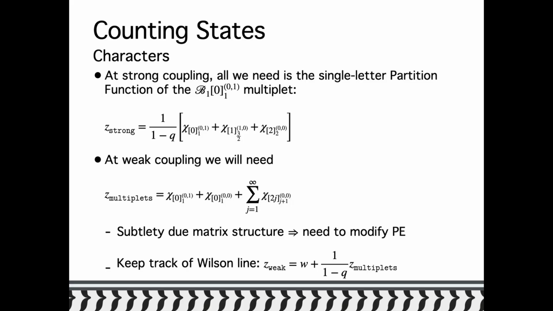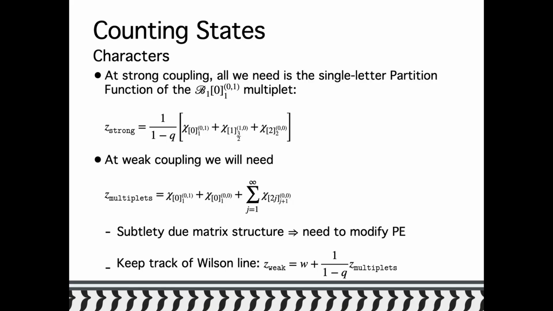The reason we do this is that there are sophisticated methods which can compute plethystic exponents in these theories where your letters don't commute with each other. In particular, there are methods to count single trace operators.